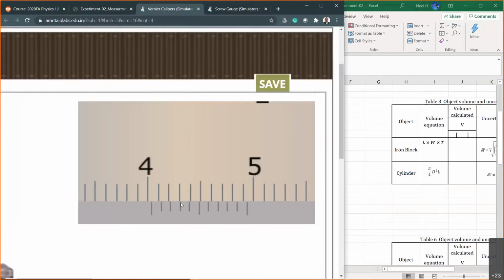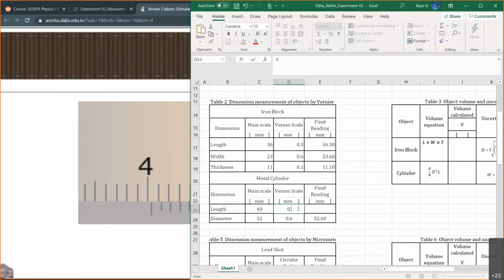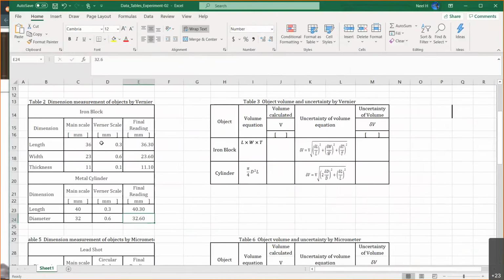Sometimes it might be close right here. I'm going to read this third line right here as the alignment, but technically you can see these two also very similar, but I'm going to read the first immediate one I see as the alignment, okay? I'm going to read the third line, which means this is going to be 0.3. This is then 40.30. Okay, so we have all the dimensions done for those two objects. Question?